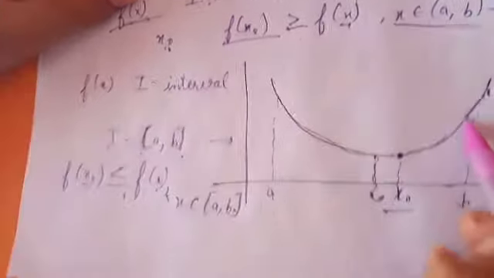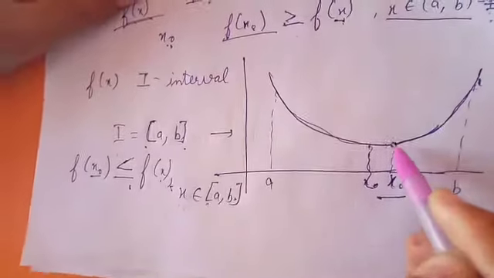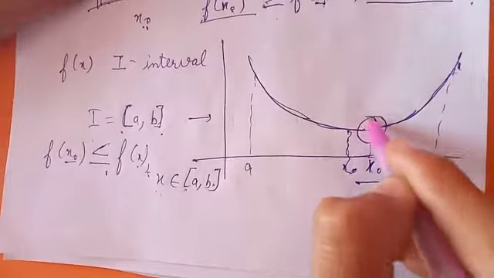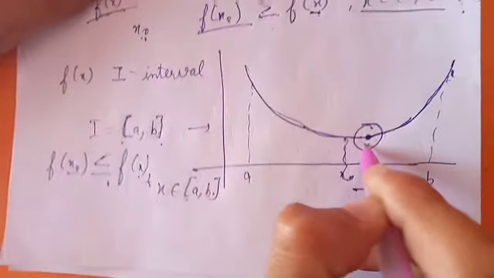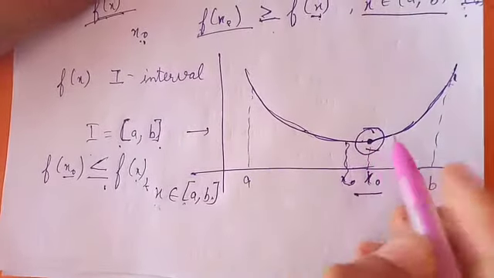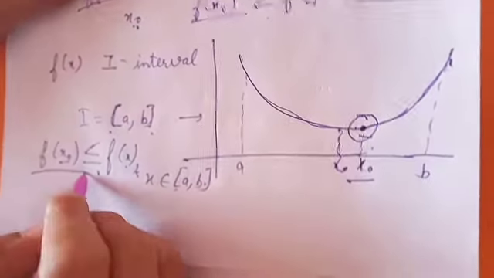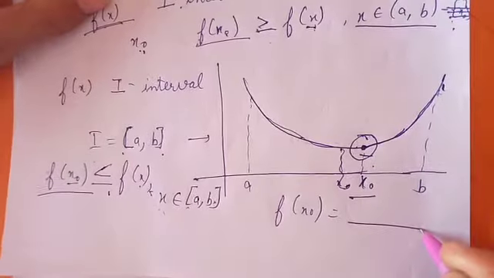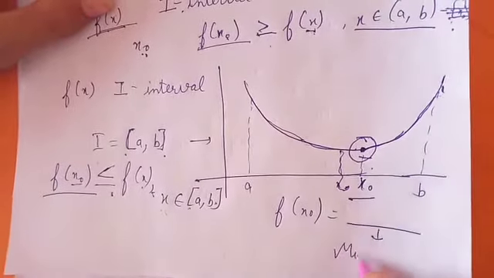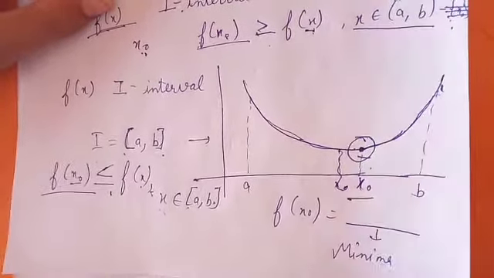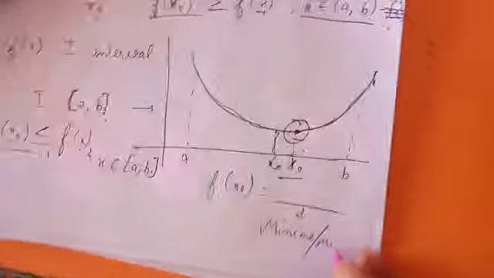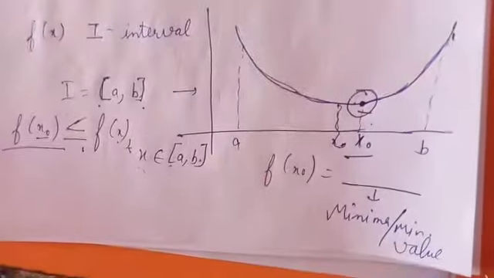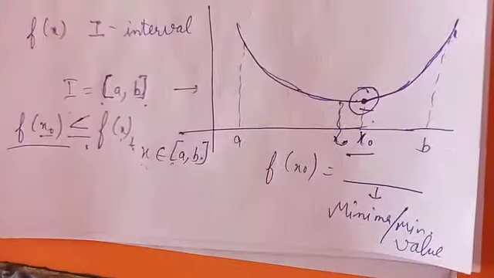Similarly, if we move from this side, it is decreasing, and after this point it begins increasing, meaning this point is our point of minimum, and the value we get as f of x naught will be our minima or minimum value. Okay, got that.